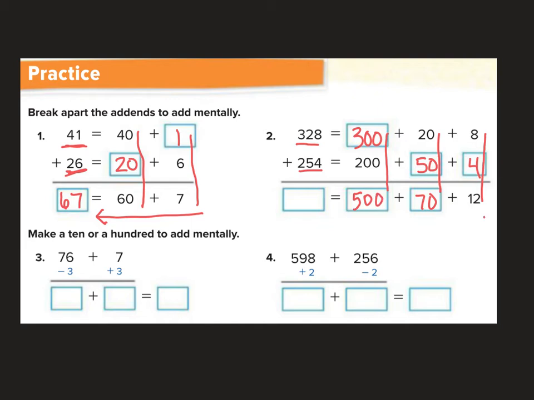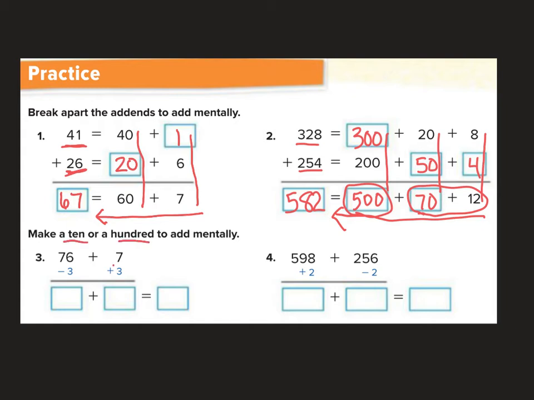Okay, now I'm going to add them this way. 500 plus 70 plus 12. Ooh, so 70 plus 12 is going to get me to 82. And then I need to make sure I add in my 500, 582. There we go.